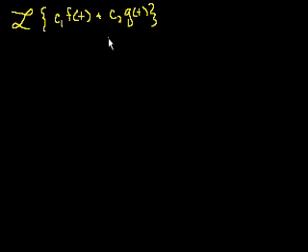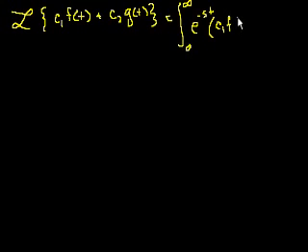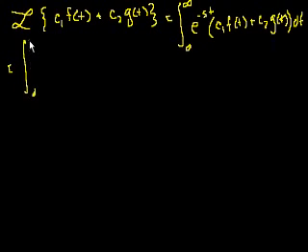Well, by the definition of the Laplace transform, this would be equal to the improper integral from 0 to infinity of e to the minus st times whatever function we're taking the Laplace transform of, so times c1 f of t plus c2 g of t. I think you know where this is going. All of that dt. And then that is equal to the integral from 0 to infinity.